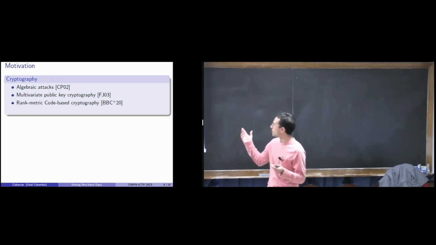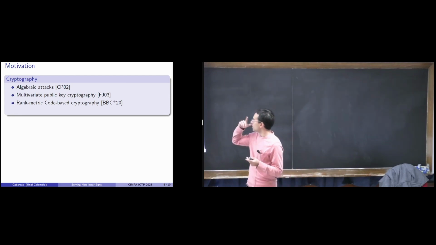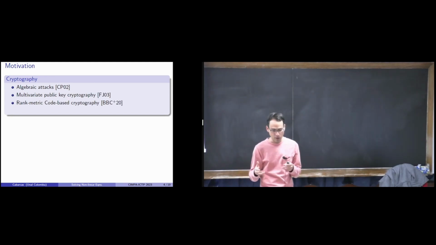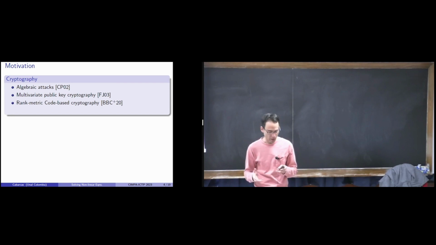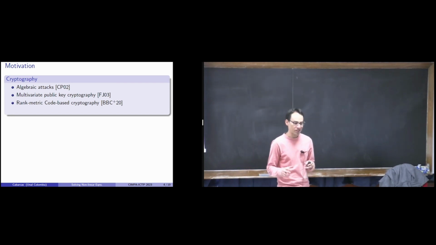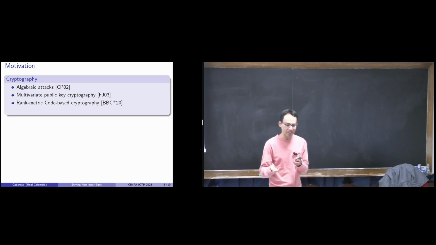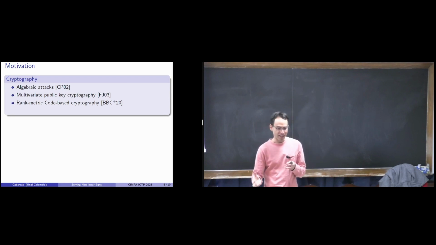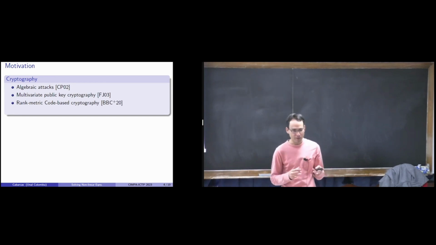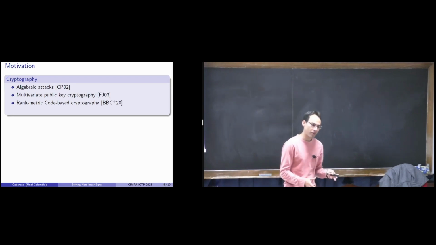For instance, in this paper by Buchberger and others, we were able to break some schemes that are based on code-based cryptography, that are based on coding theory. And this is not that easy, a direct application of solving equations, but it can be reframed, it can be reduced to a subsystem of equations.